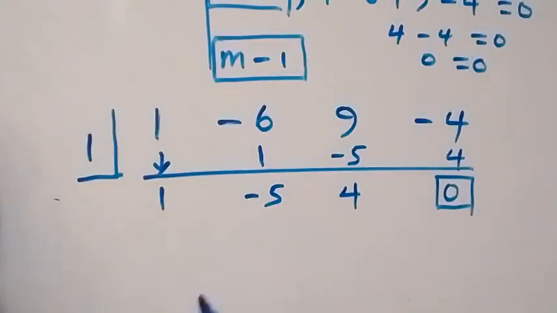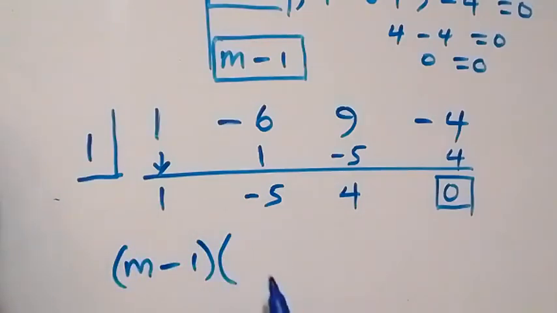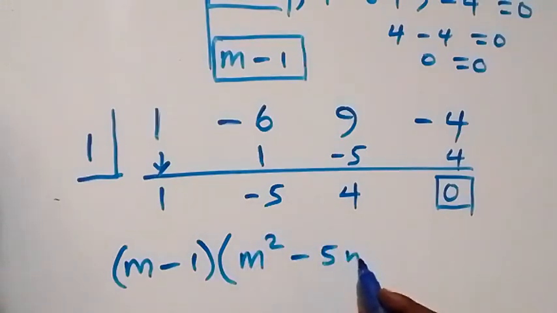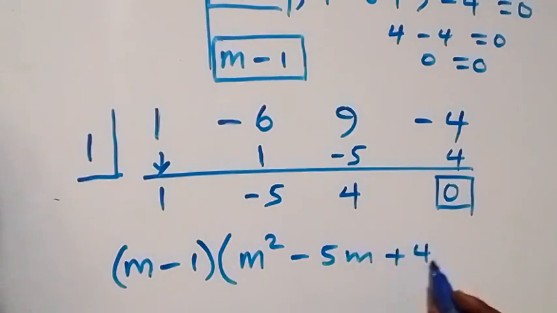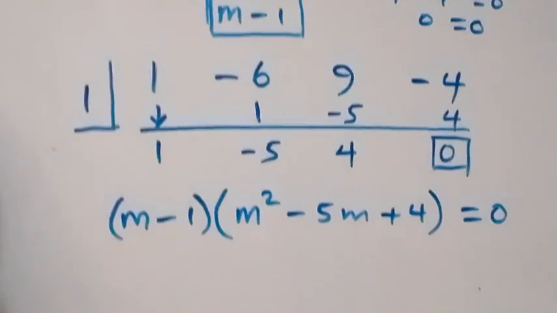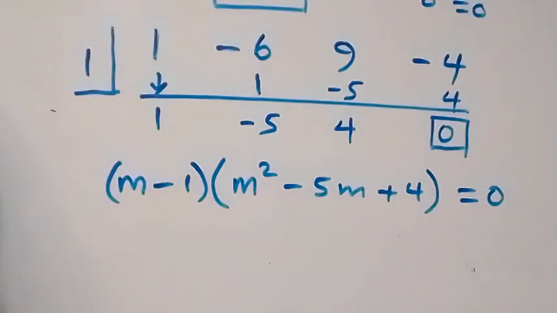Now, since that occurs, which means m minus 1 is a factor, then the other factor has these coefficients, which is a quadratic factor. That is, we have m squared minus 5m plus 4, close brackets. Then this multiplies and equals 0.